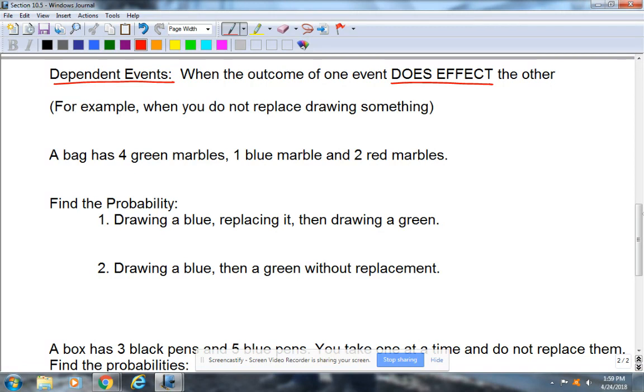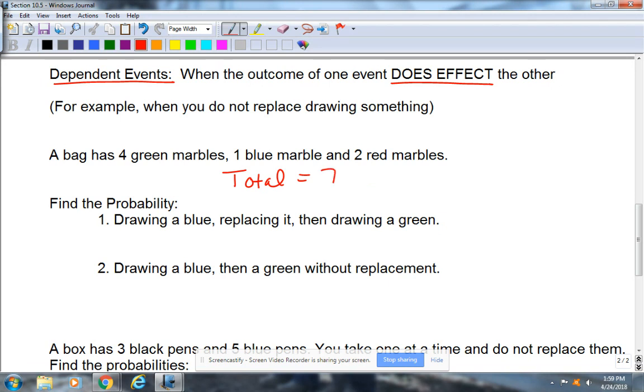So what's the probability that the first one I draw out is a blue? How many are blue in the bag? 1 out of how many total? Anytime you're doing probabilities, you need to know a total. So how many total do we have? We have 7 total marbles in the bag. Y'all agree?